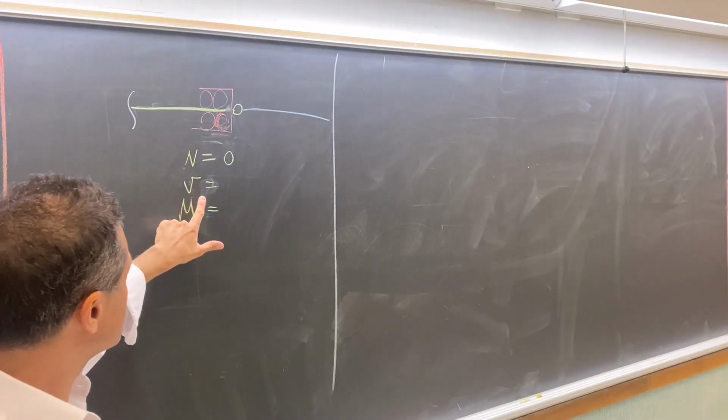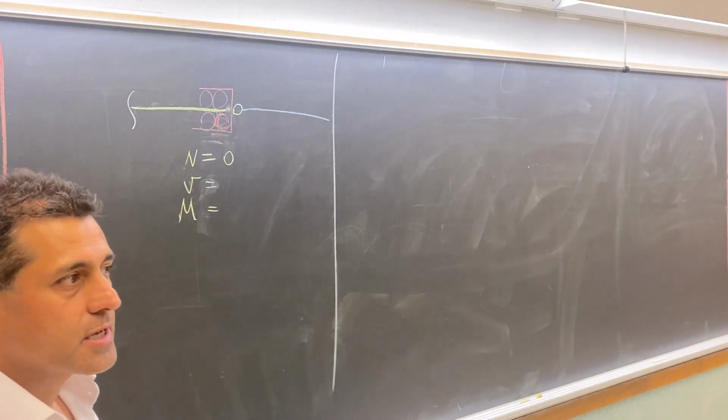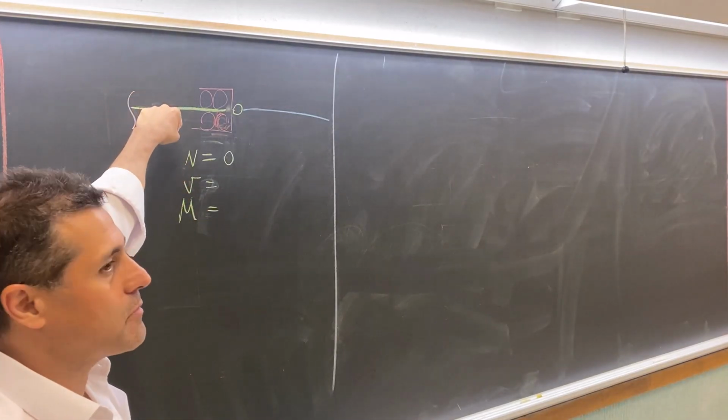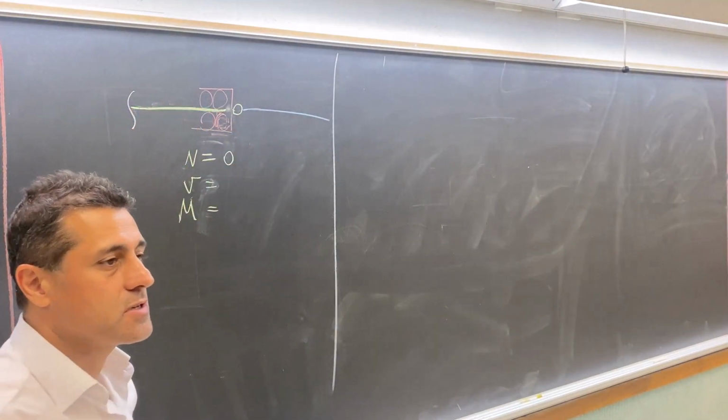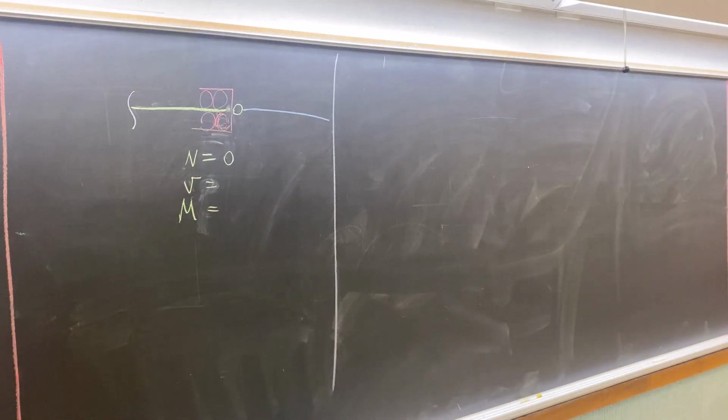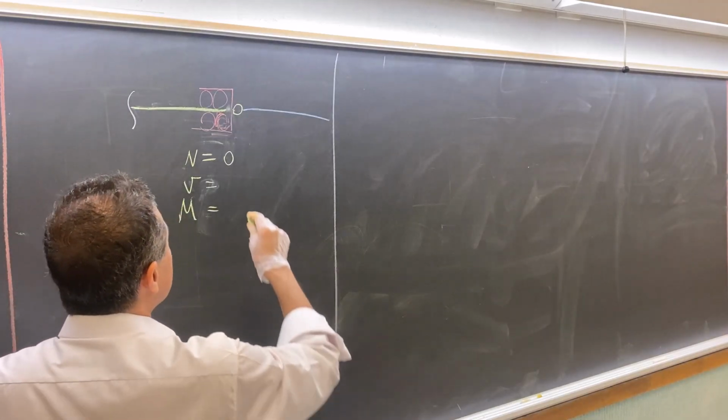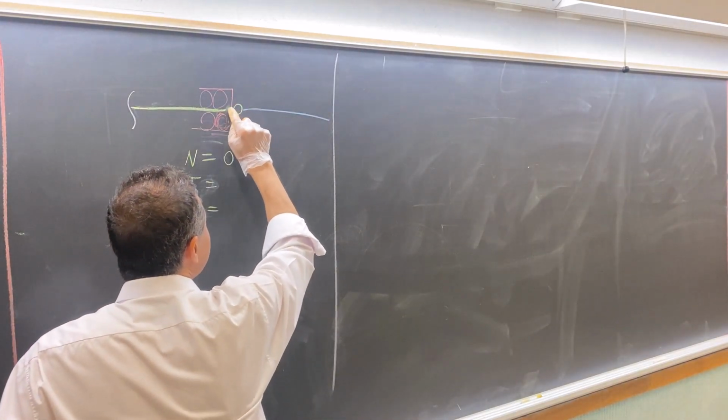What about shear? You hold one element, can you vertically move the other element? Yes or no? You have to imagine this. This is a pin, and the pin is attached to here.